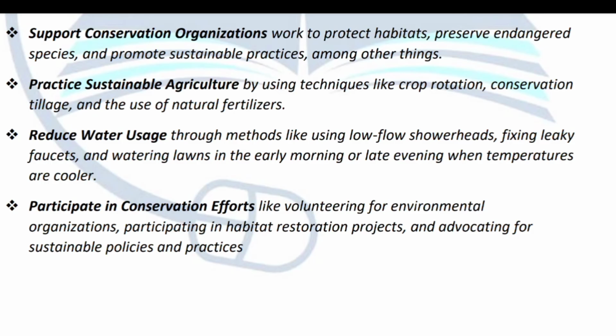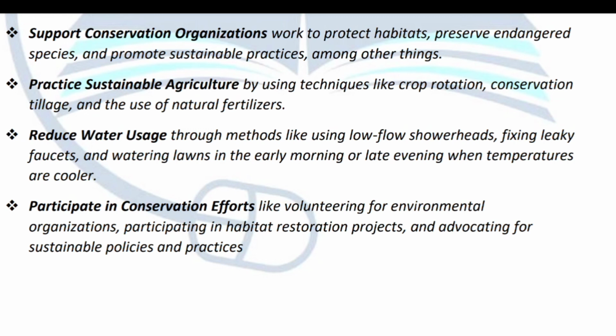Environmental conservation means resources should be conserved. The main focus of these institutions or organizations is on conserving resources. So there are a lot of organizations in today's world that are voluntarily focusing on these types of conservation, to conserve various types of natural resources.